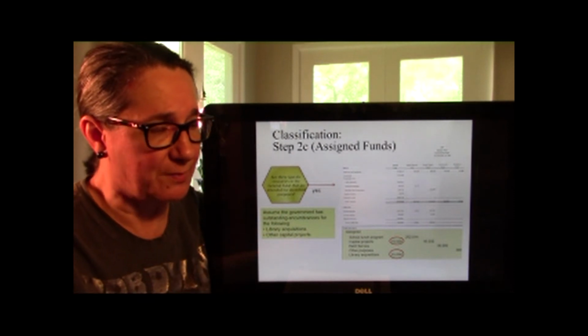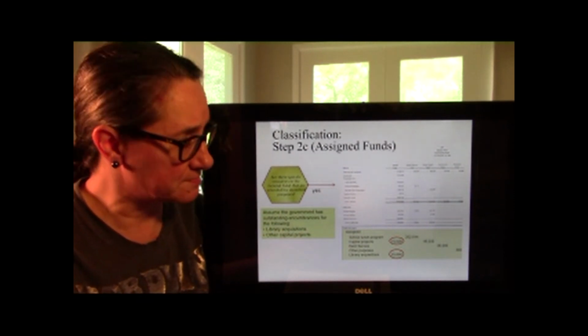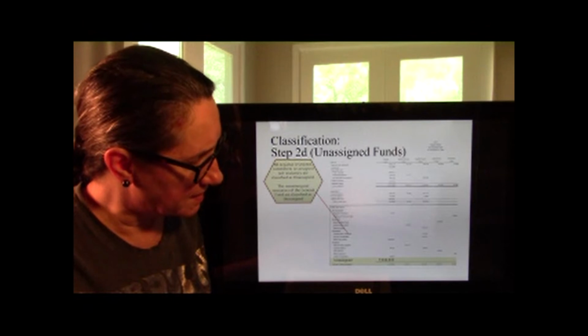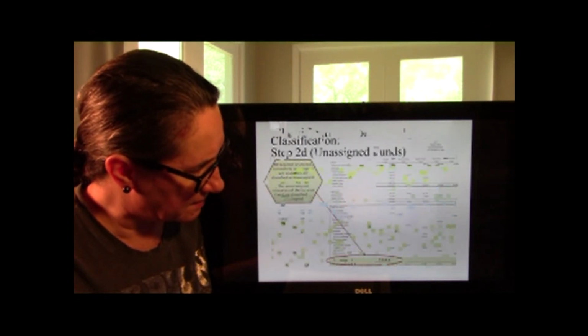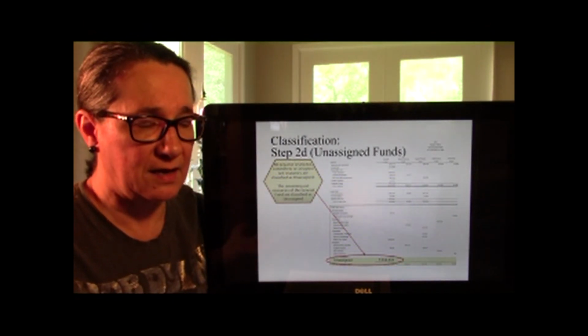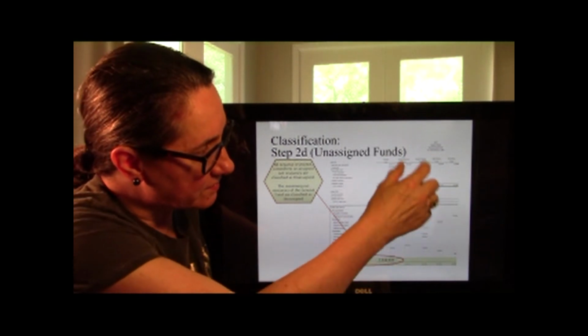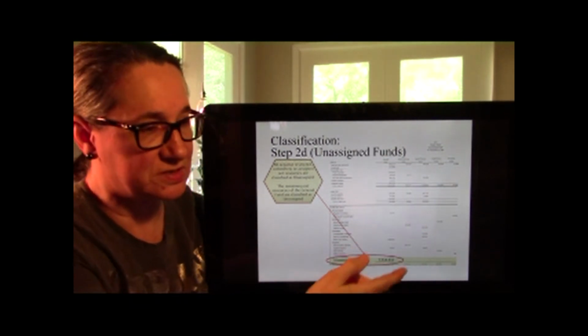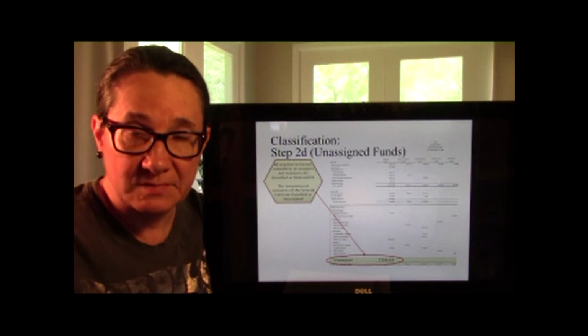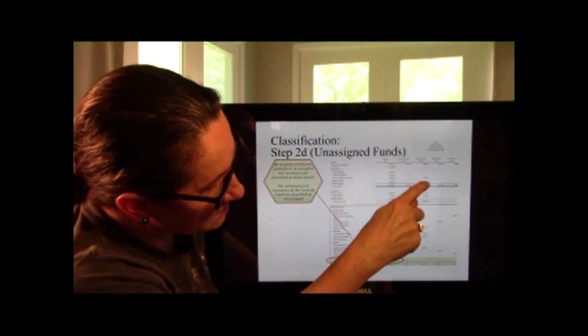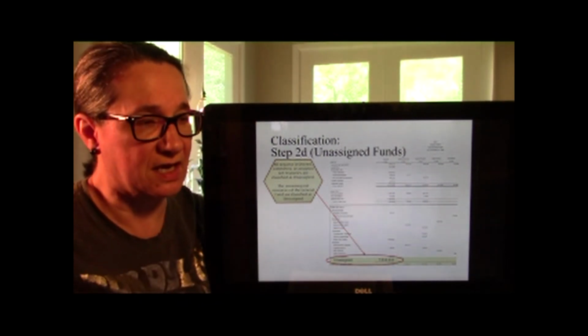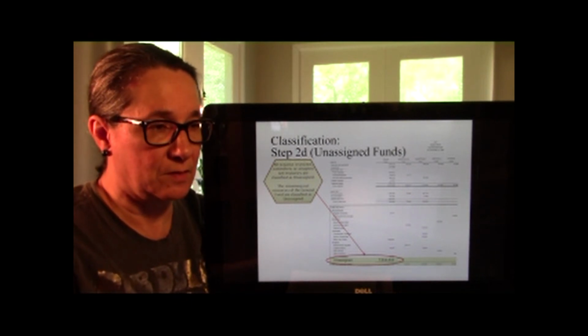So, library acquisitions, other capital projects. Then everything else that is not somehow assigned, right? And if it's from one of these other funds, it's going to get moved over to the general fund as unassigned. There's no fund-specific unassigned funds. All right.